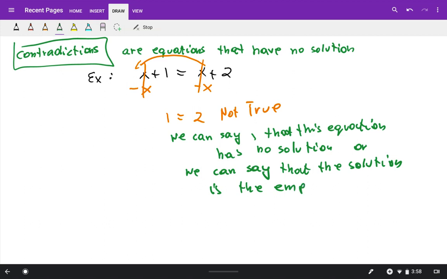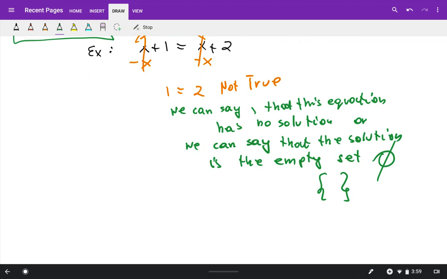Empty set is nothing. Most of the books use the notation for the empty set like a 0 with a line through it, okay? Or some books use fancy parentheses without any numbers or variables inside. I believe that Alex uses this one for the empty set.